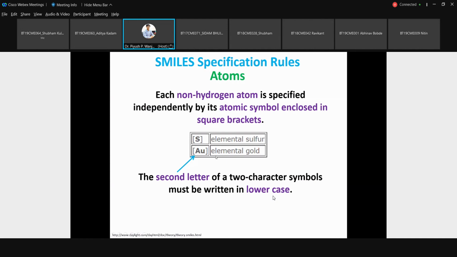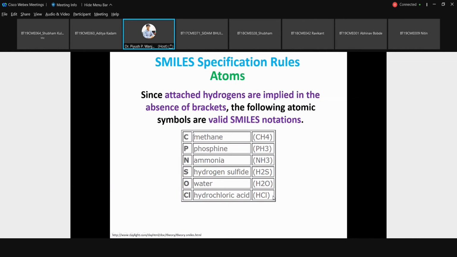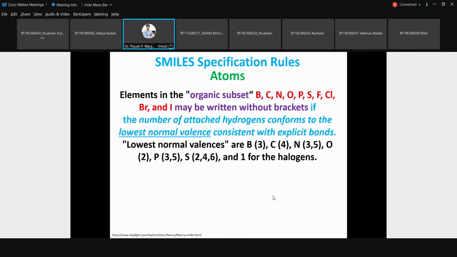Same thing with the code. The second letter is normally written in lower case. All of these are valid representations if you write simple carbon, phosphorus, nitrogen, but as I said, if you are not putting any brackets, it means its valences are satisfied. In certain cases you have multiple valencies for a particular atom.